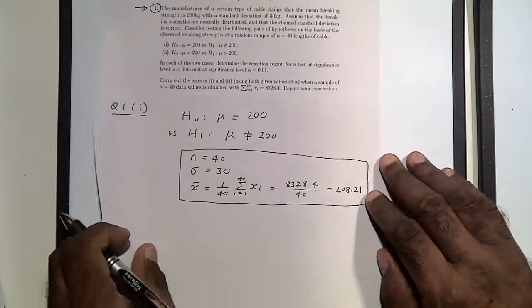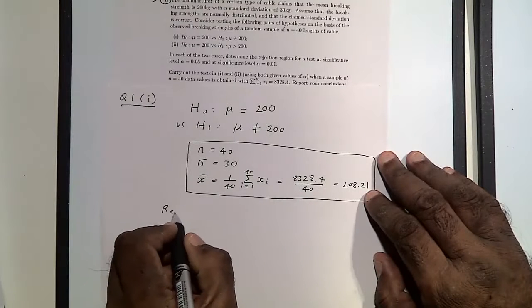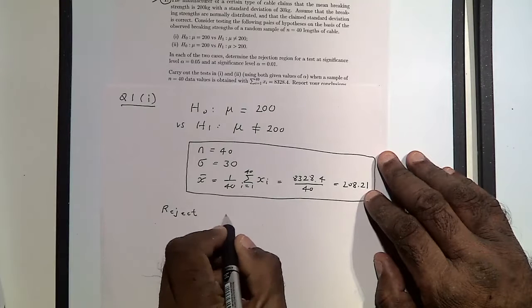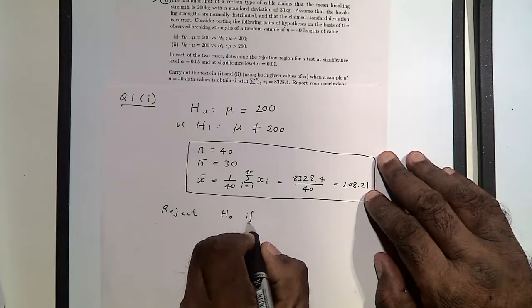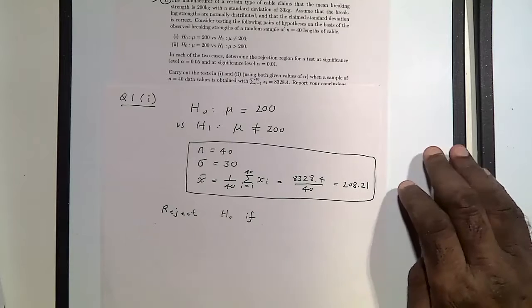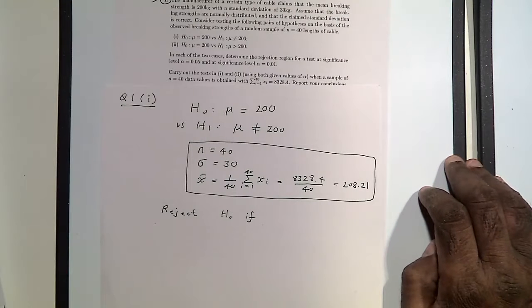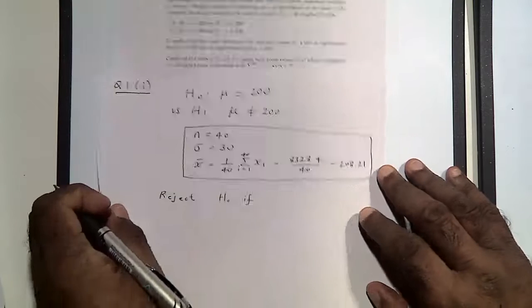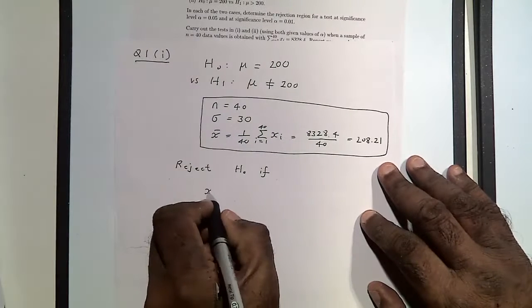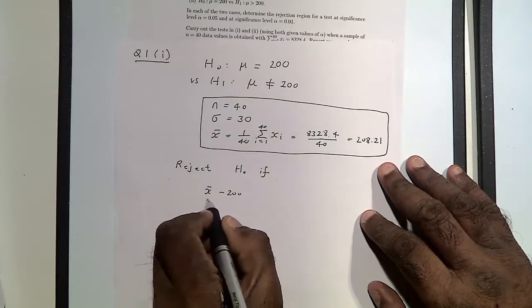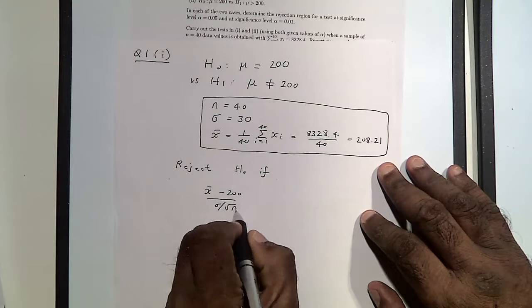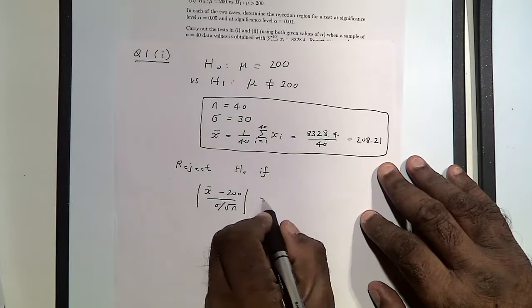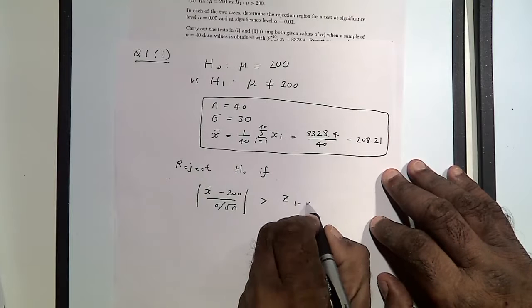Now we need to determine what rule to use, guys. Can you tell me what's the rejection rule in this case? Because the population standard deviation is known, the rejection rule is the absolute value of x bar minus mu 0 over sigma over square root of n, greater than z 1 minus alpha by 2.